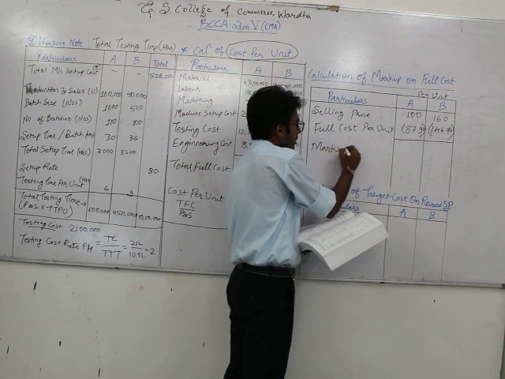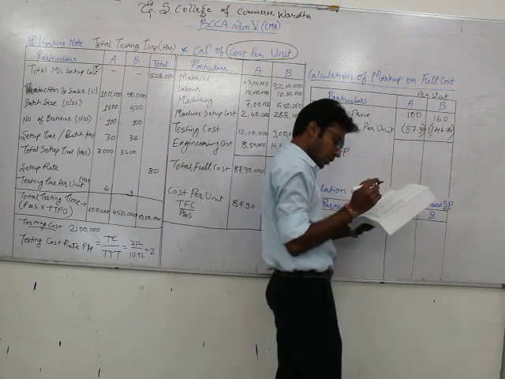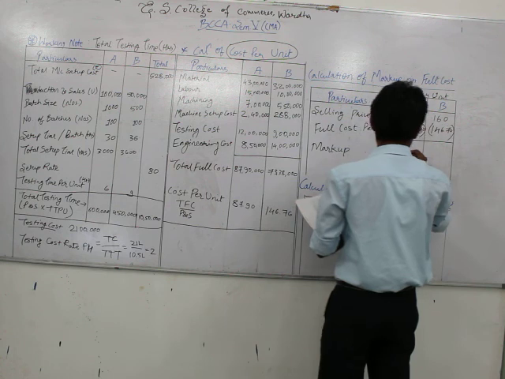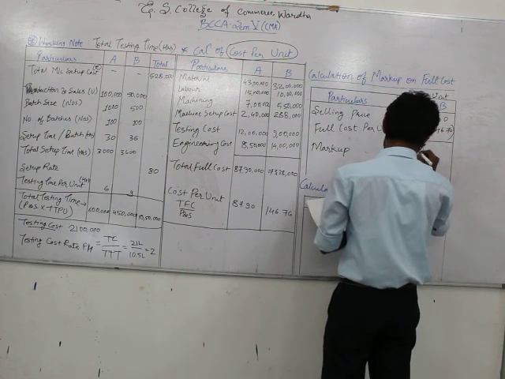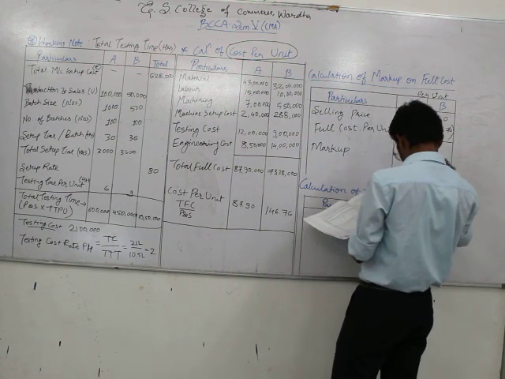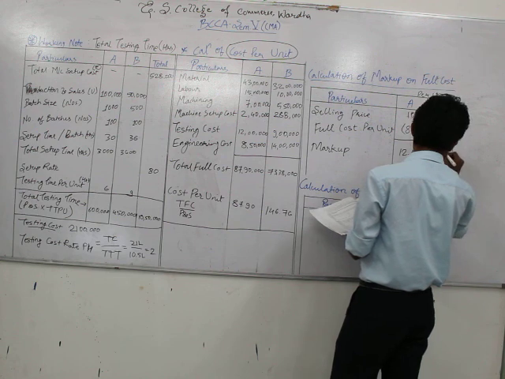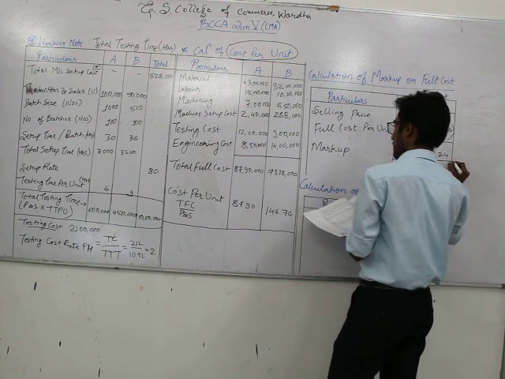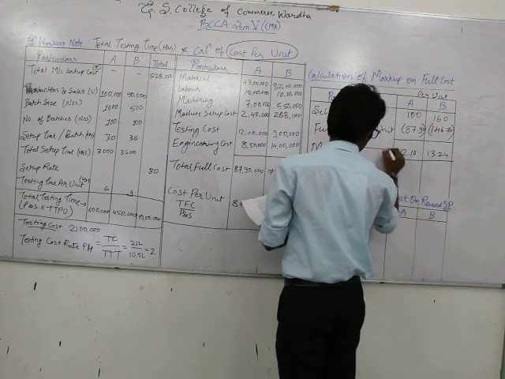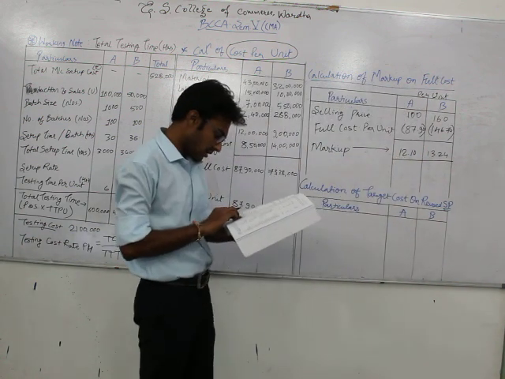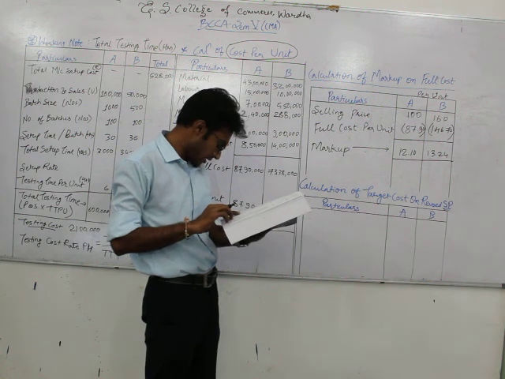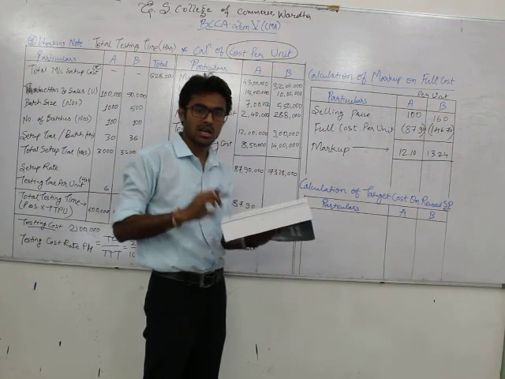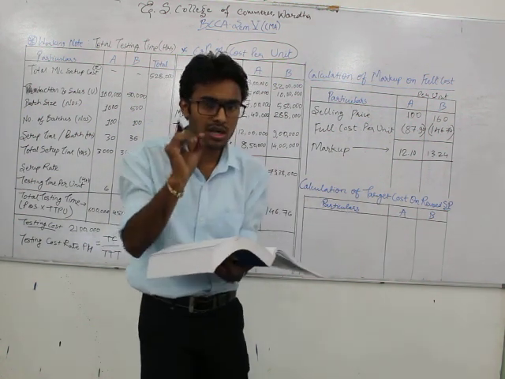What will you be getting? Markup. So what is your markup here? Your markup is 12.10 and 13.24. This is your markup. And we have to calculate the markup percentage. What was our first sub question?